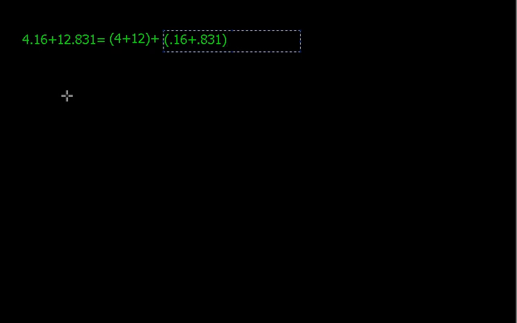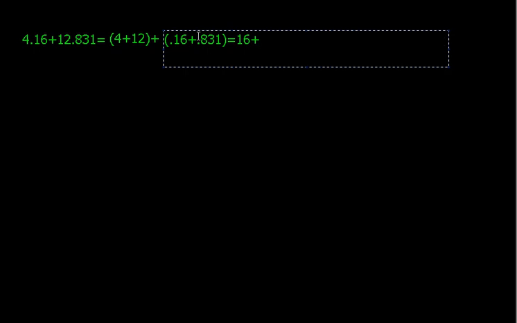Maybe what's after the decimal isn't clear, but to the left of the decimal, it's just normal adding. 4 plus 12 is obviously 16, and when you add the decimal parts together, it comes out to 0.991. So when you add these together you get 16.991.